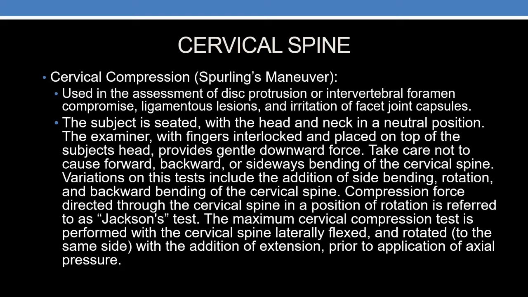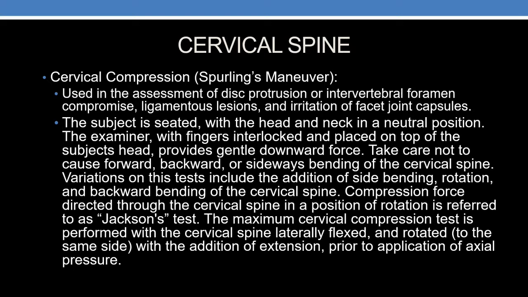The examiner interlocks his fingers and places his hands on top of the subject's head, and provides a gentle downward force, and make sure to begin the downward force gently and progressively. Take care not to cause forward, backward, or sideways bending of the cervical spine. In other words, the maneuver is done first in the neutral position.